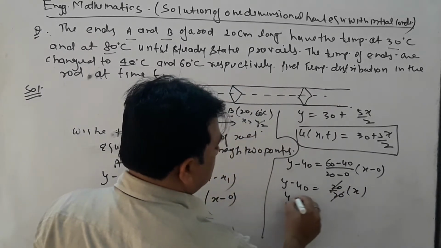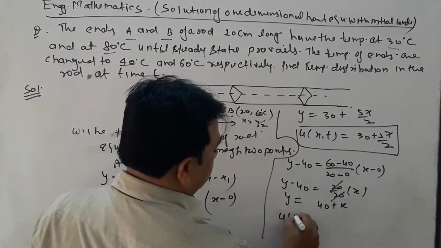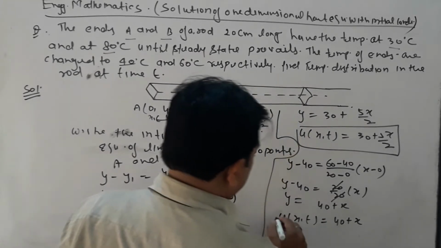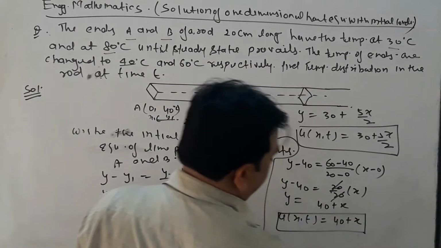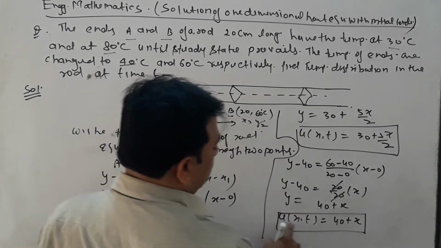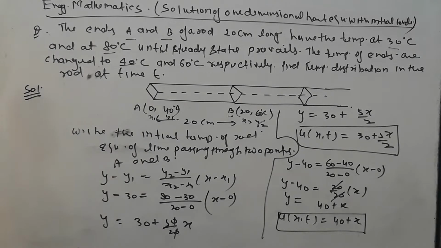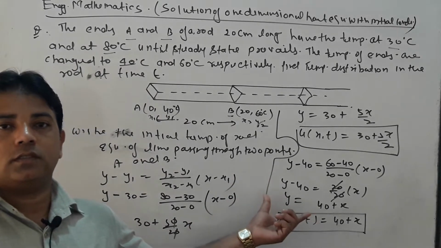Cancel out, y equals 40 plus x. Write u(x,t) equals 40 plus x. Okay, understand? The same procedure we are applying in this question.